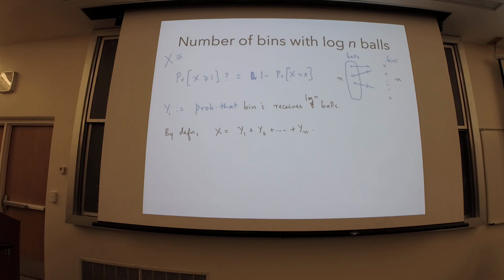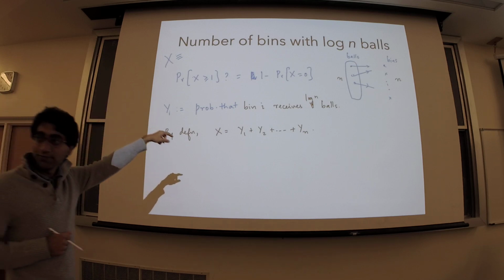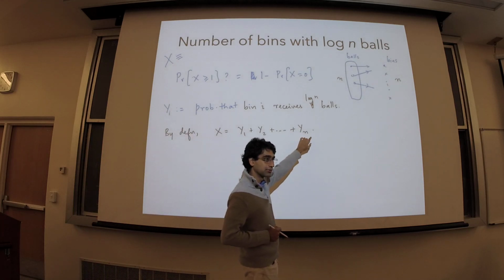So we should consider x equals 0. One minus the probability that x equals 0, because it might be 0. What he is observing is that the only way capital X can equal 0 is if each of the yi's is equal to 0.